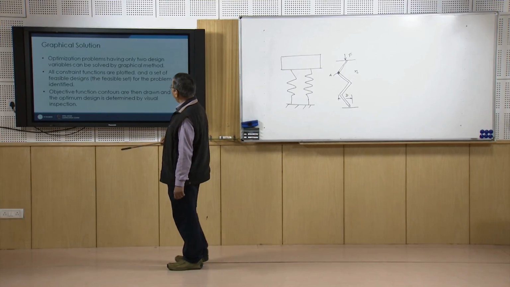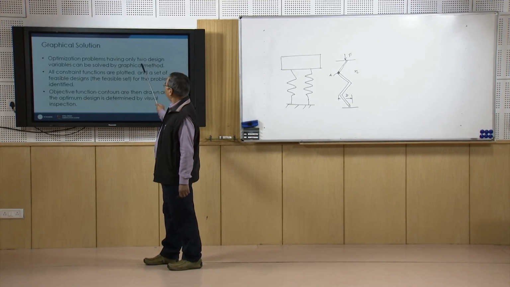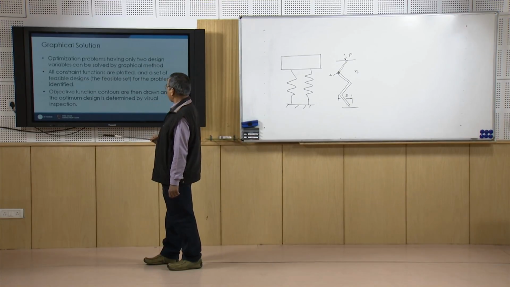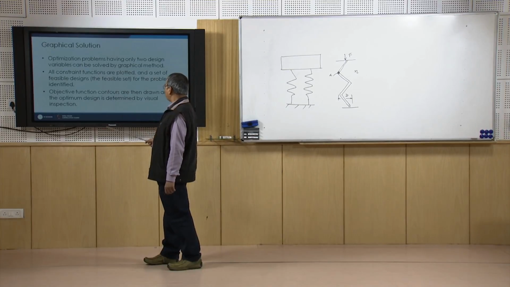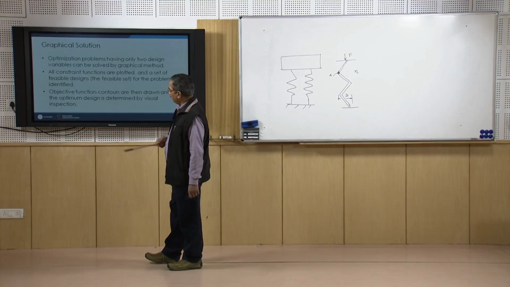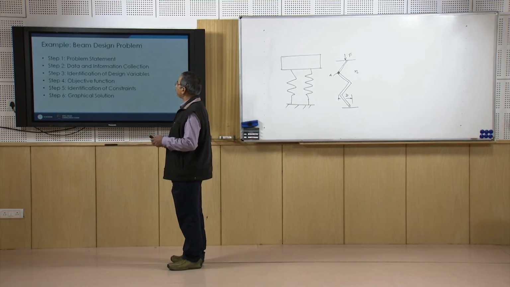Okay. So, it is applicable for two design variables. First we plot all the constraints and then we plot the objective function contour and then we identify the optimal design.